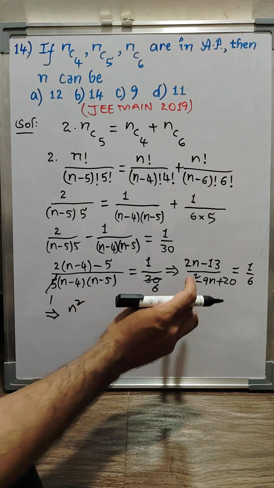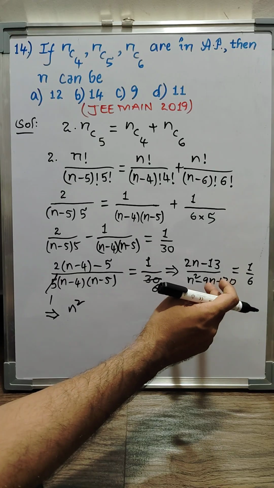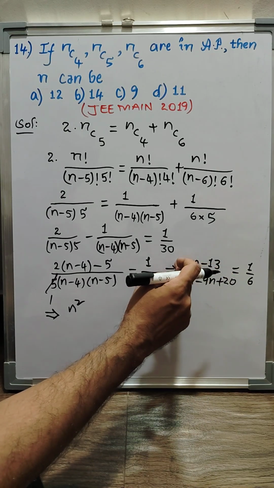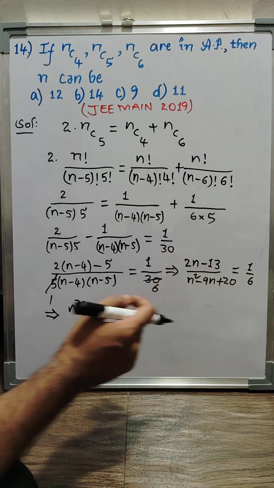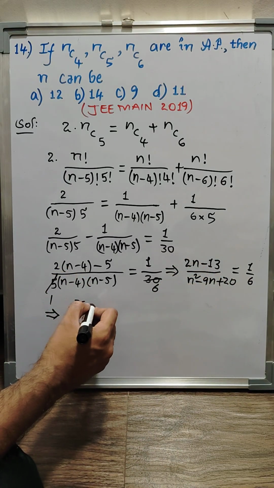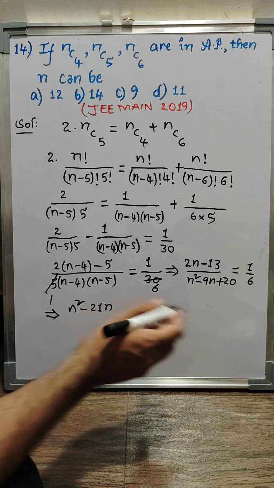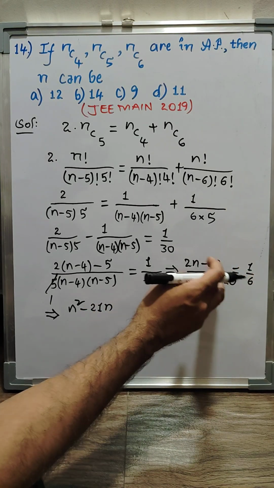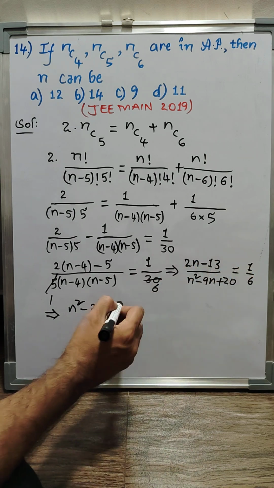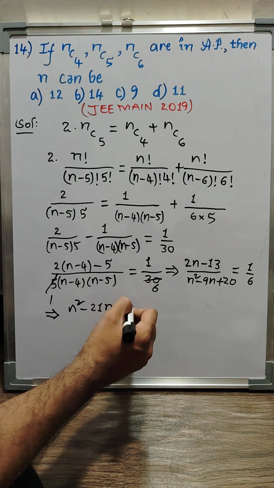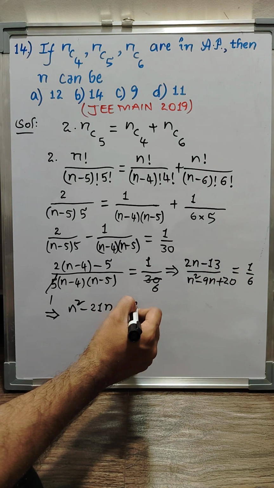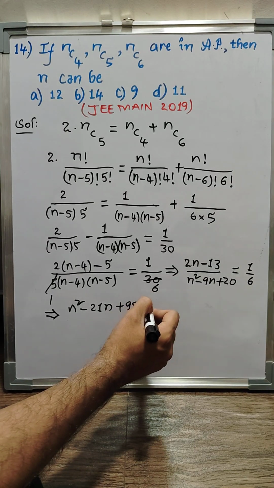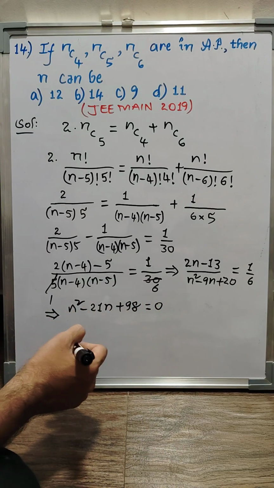n square minus 9n minus 12n. Here it is 12n. So minus 9 minus 12, minus 21n we can get, plus 20, 13 sixes are 78, plus 20 plus 78, plus 98 we can get, which is equal to 0 we can take.